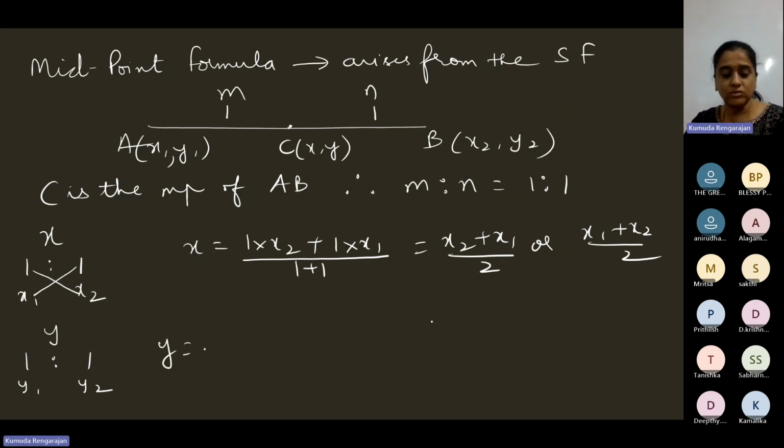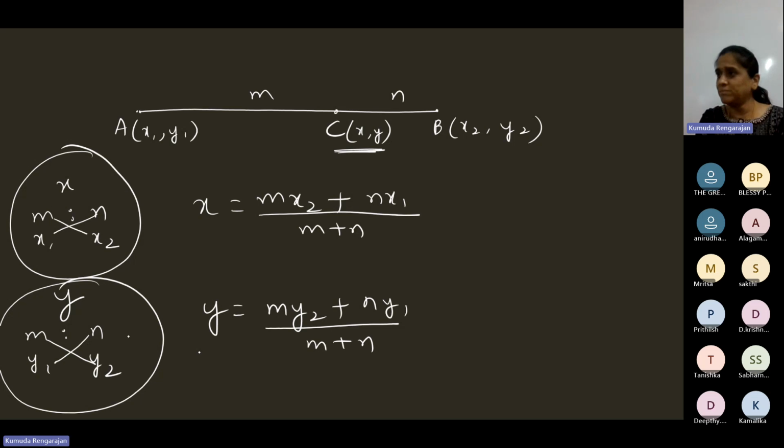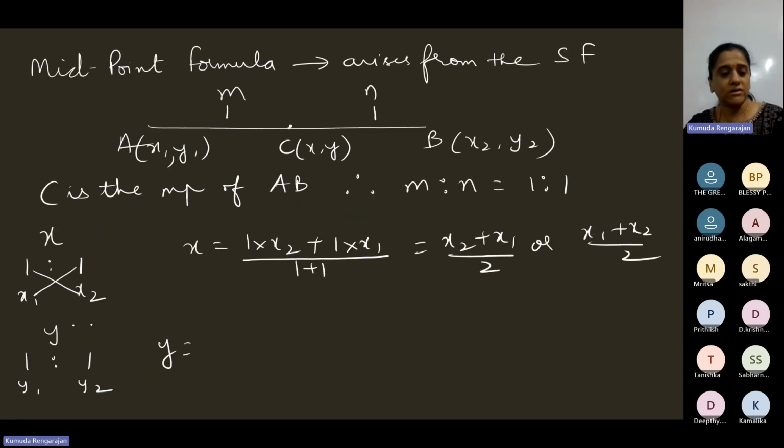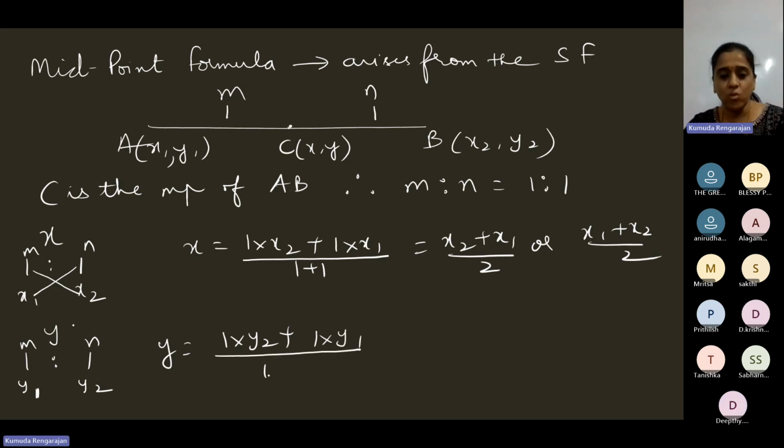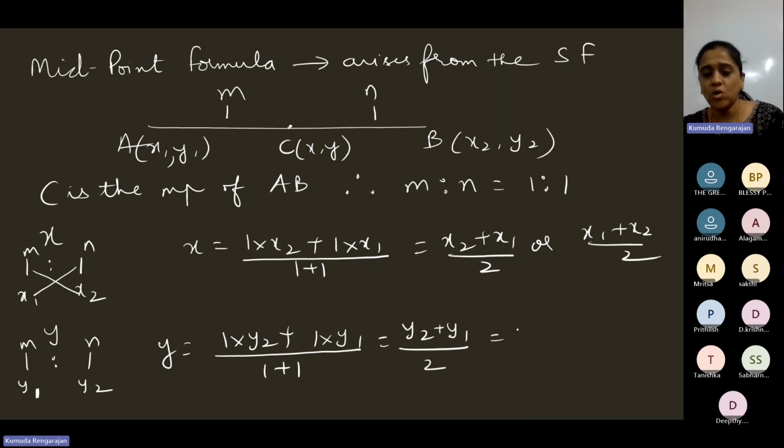And y is equal to, I hope you're following, it's the same thing, not a new formula. m y2, where m is 1, so 1 into y2 plus n y1, 1 into y1, by m plus n, 1 plus 1. So it's basically (y2 plus y1) by 2, which can also be written as (y1 plus y2) by 2.